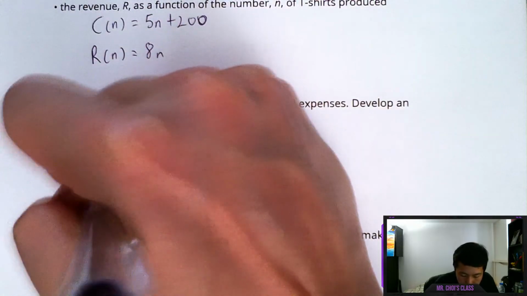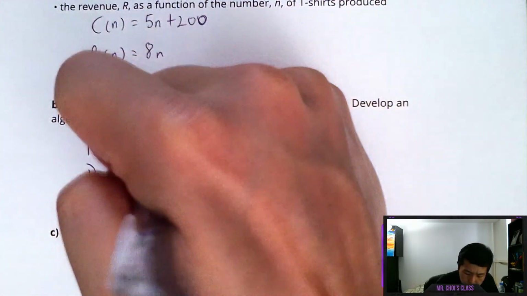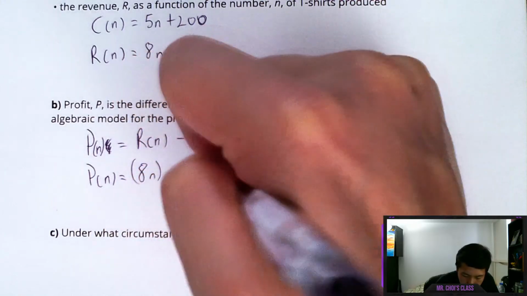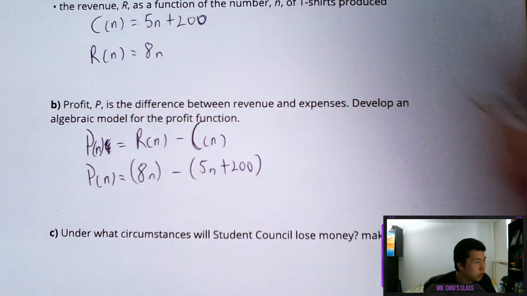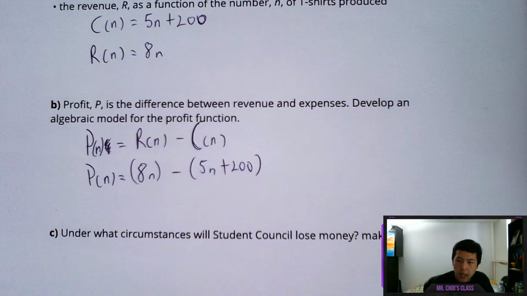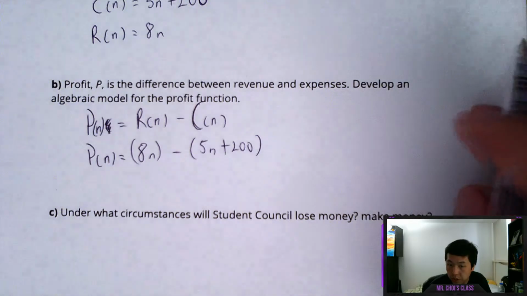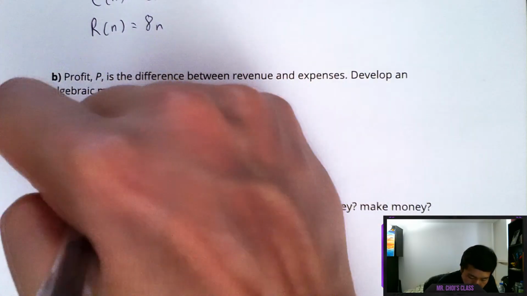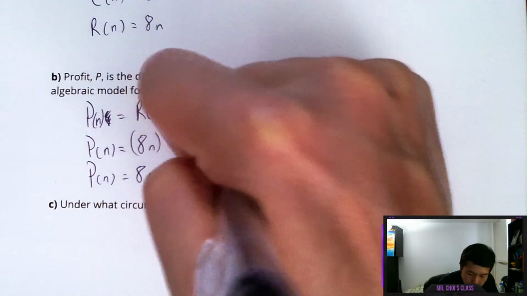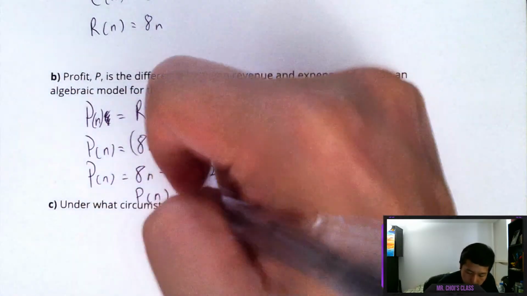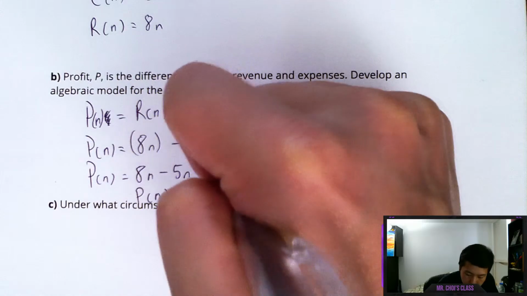And so P of n is equal to 8n minus (5n plus 200). I'm going to put them in brackets, just like when we substitute values, because the signs are going to change things. So P of n is equal to 8n minus 5n minus 200. So the final function, P of n, the profit, is going to be 3n minus 200.